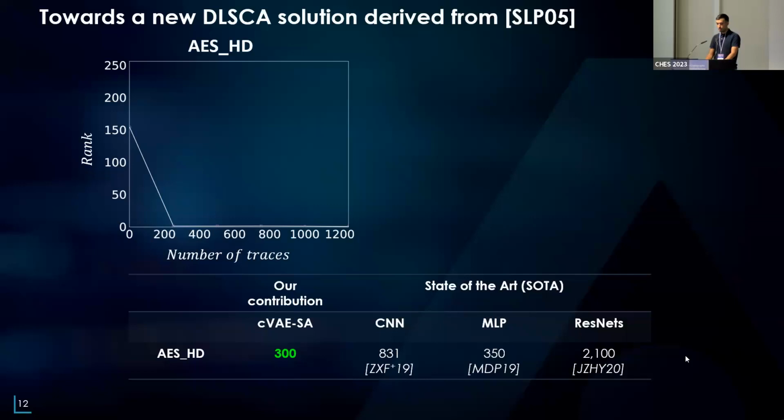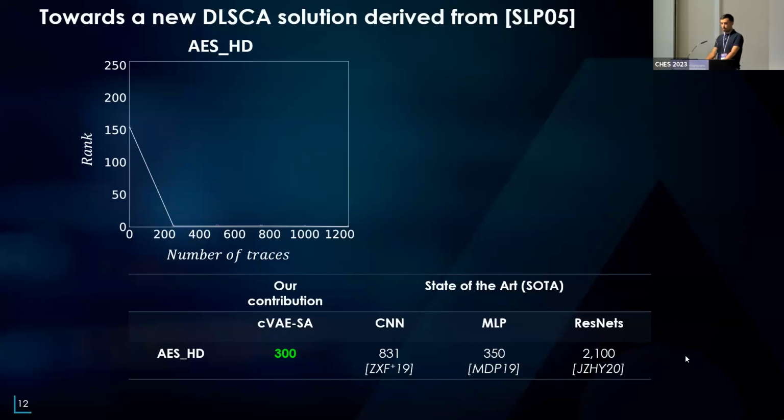This observation tells us that using our contribution, our conditional variational autoencoder, can be more appropriate in an evaluation context because we can fully explain all the operations induced in the neural network. The construction of the neural network can be easily made thanks to the theoretical link with the stochastic attack. And we can also easily explain the leakage model extracted by the neural network, as I previously showed.